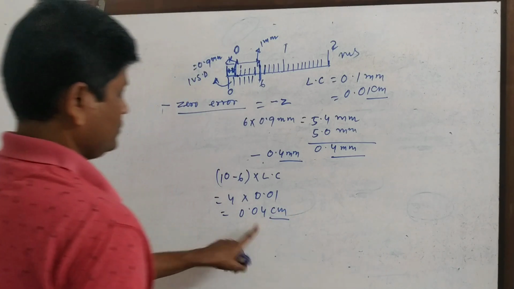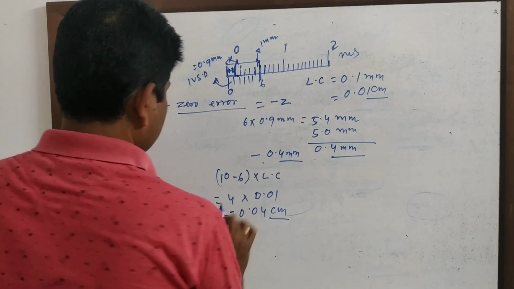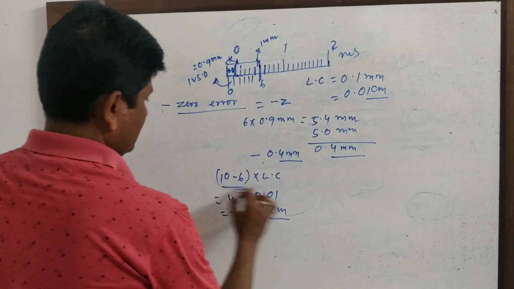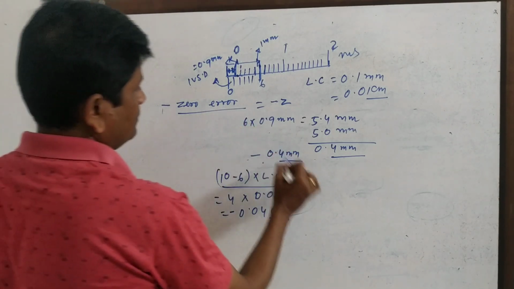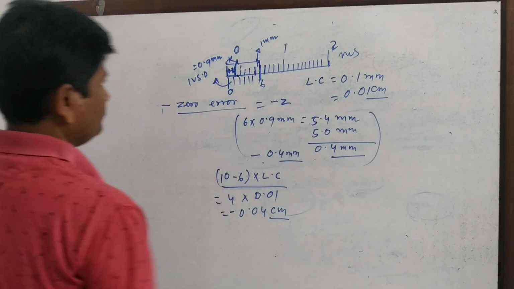This amount will be subtracted. Either do this or do this, okay.